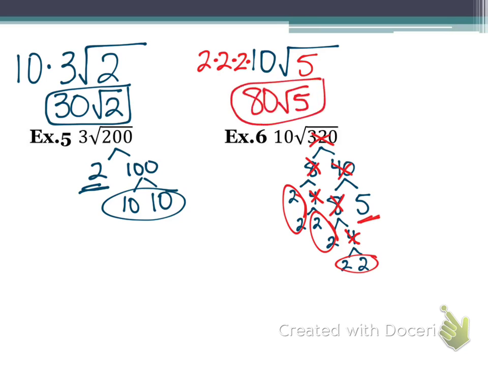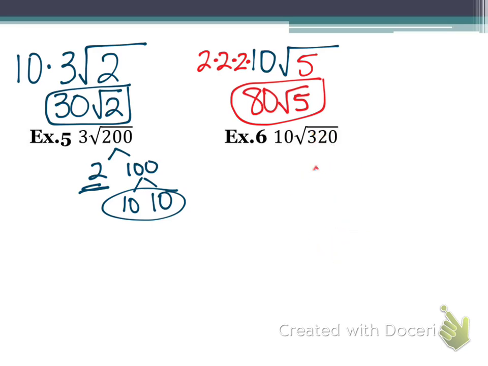Anybody get 80 root 5? No, that's not good. What do we get? I broke mine down as like 320 and 32. Okay, let's talk about the 10 and 32 way. We broke it down into 10 and 32. What'd you break your 10 into? What'd you break your 32 into? 16 breaks into. The 4s break into.